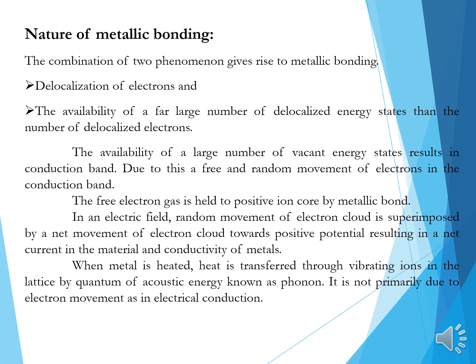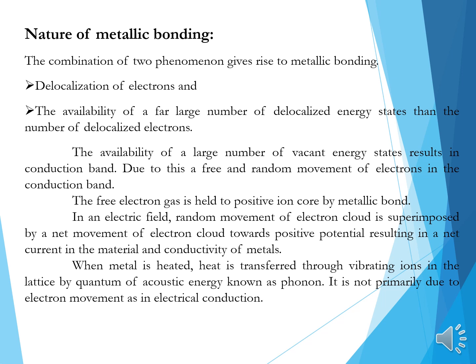Now, let us understand the nature of metallic bonding. The combination of two phenomena gives rise to metallic bonding. What are they? Delocalizing of electrons, and the availability of a far larger number of delocalized energy states than the number of delocalized electrons. The availability of a large number of vacant energy states results in the conduction band.